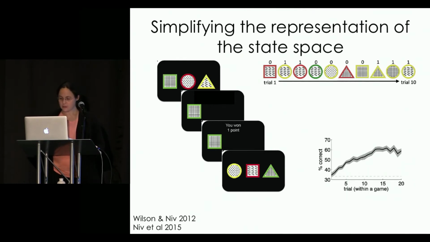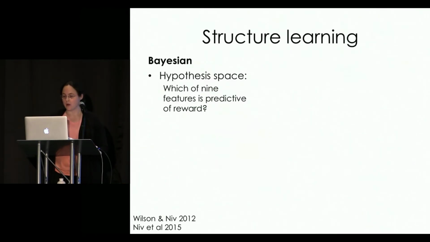So the participants are able to learn this. It's difficult, but they learn this fairly robustly. Here, this is a learning curve as a function of number of trials in the game, so they try to capture this learning with different hypotheses about how the learning of this state space might occur.